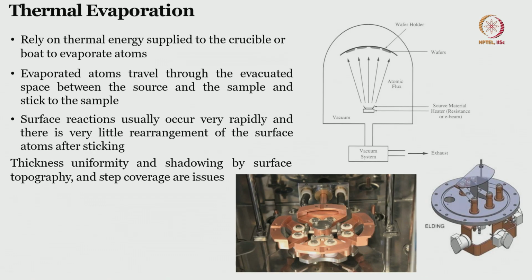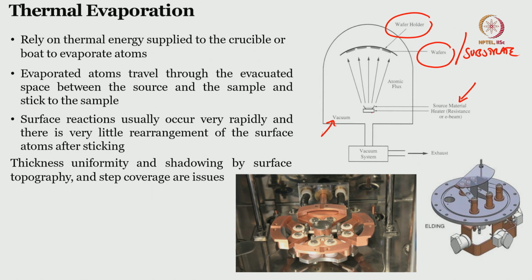Okay. If you see the slide, only one slide for you, there is a vacuum in this figure, then there is a source material, there is a heater or resistance, and there is a wafer holder at the top with wafers attached to it. Wafers are nothing but your substrates.